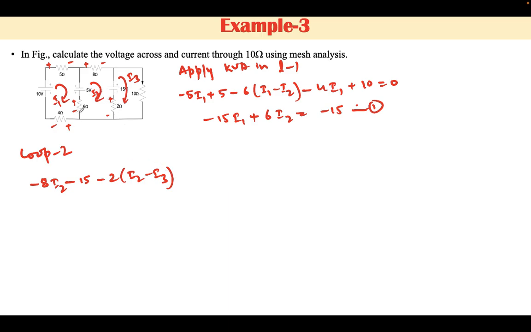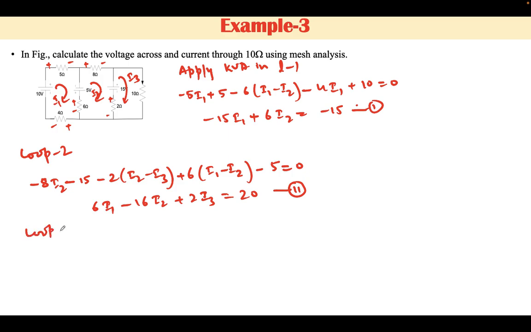Now coming to this point, we are moving from lower to higher potential, plus 6 times I1 minus I2, polarity already defined, then higher to lower, minus 5 is equal to 0. Further simplifying, it will give 6 I1 minus 16 I2 plus 2 I3 is equal to 20. This is equation second.